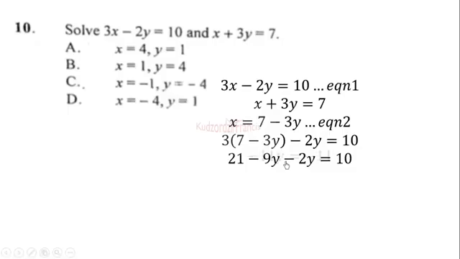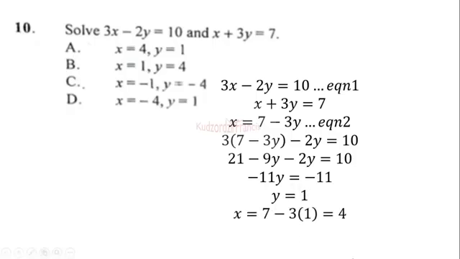Then we simplify and group like terms. So we get -11y is equal to -11. Divide both sides by -11 to get y is equal to 1. Then we put y equal 1 into the second equation to get x equals 7 minus 3 times 1, which is equal to 4. So the correct answer is A.